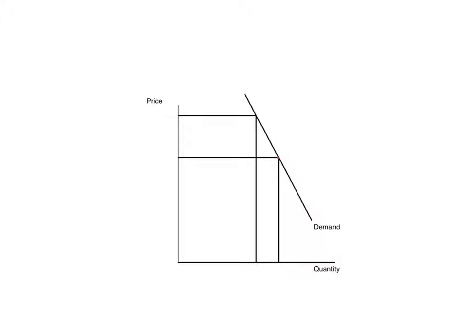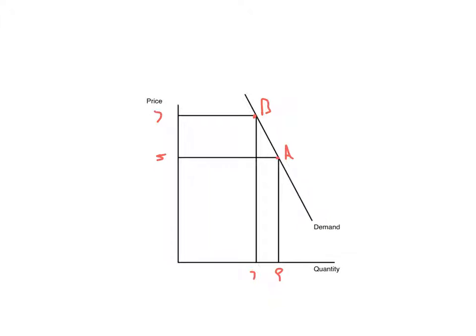Let's label these points point A and point B, and let's suppose that point A is consistent with a price of $5 and a quantity of 9 units. Point B is consistent with a price of $7 and a quantity of 7 units. So with this information, we can now compute price elasticity of demand.